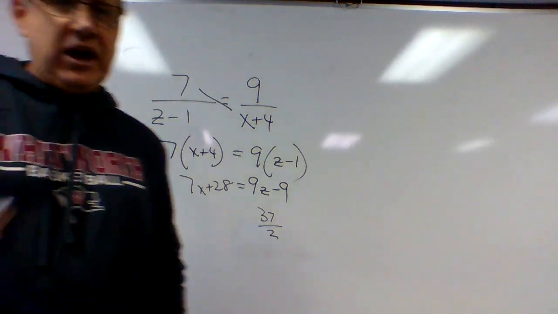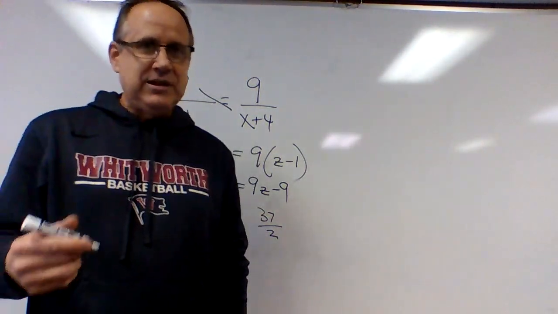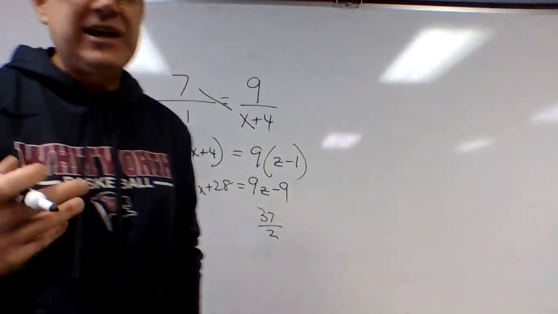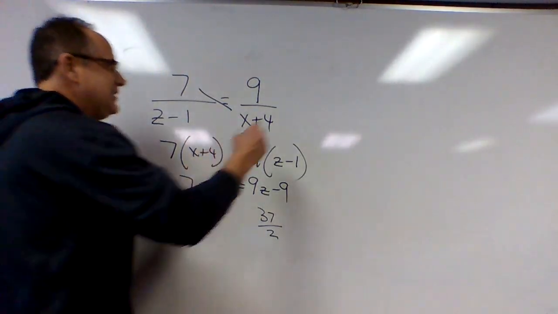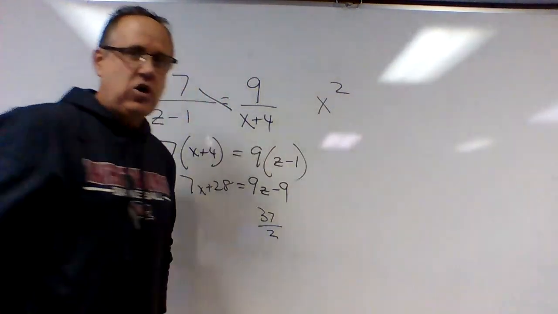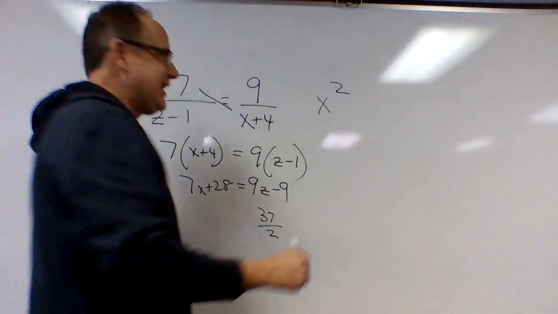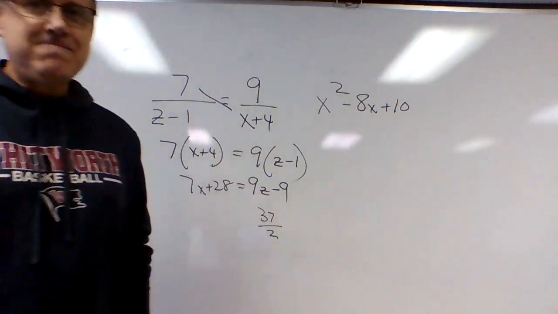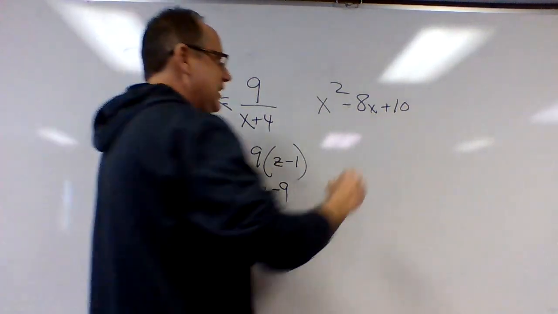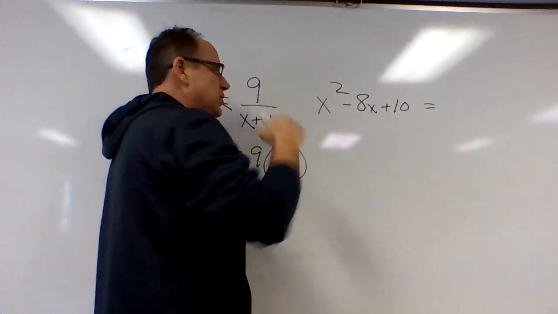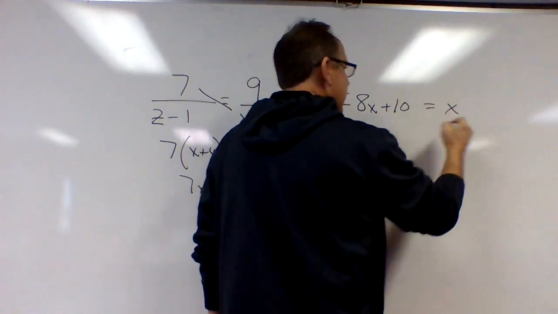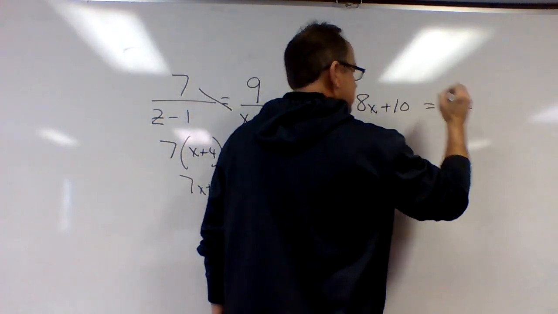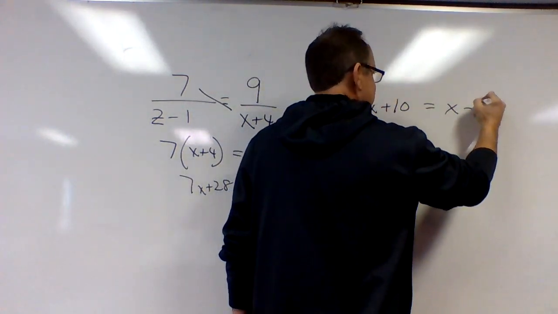Now, be careful with some of the homework assignments and homework problems. You may have something that turns out to be a quadratic on one side, and then you might have something else on the other side, which might be x minus something.